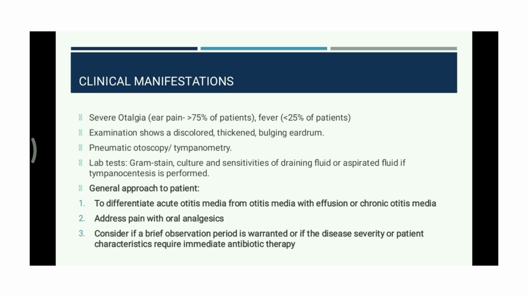Then he has to address pain with oral painkillers or analgesics like ibuprofen, acetaminophen, etc. Then he has to consider whether a brief observation period is warranted, or if the disease severity or patient characteristics require immediate antibiotic therapy. So the doctor first has to check the patient, and then decide if the patient requires immediate antibiotic therapy or not.